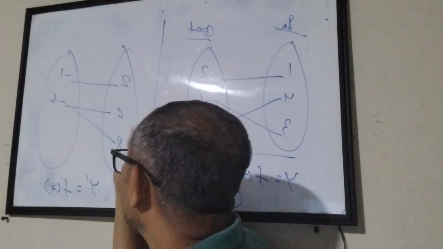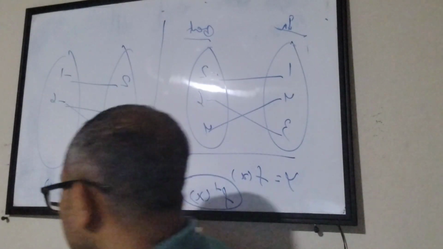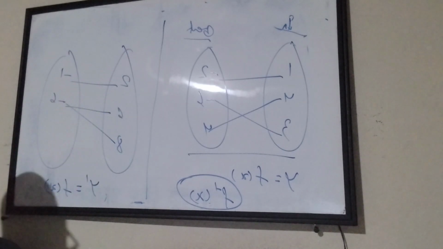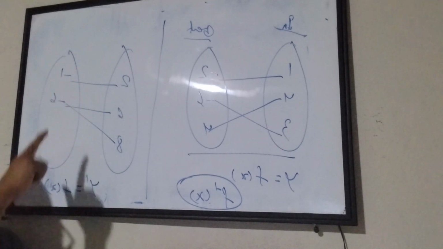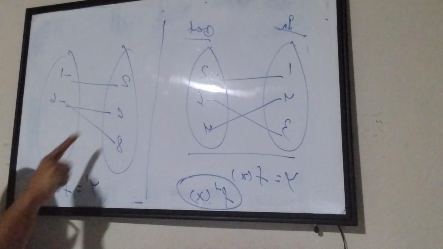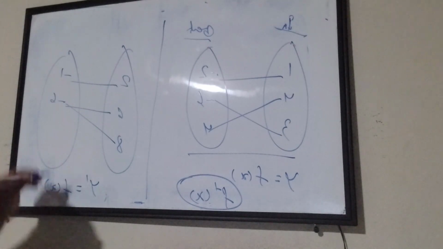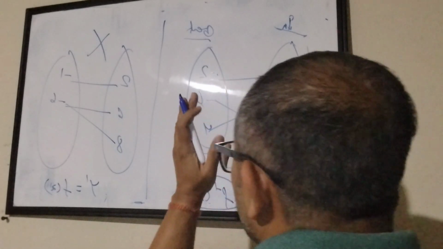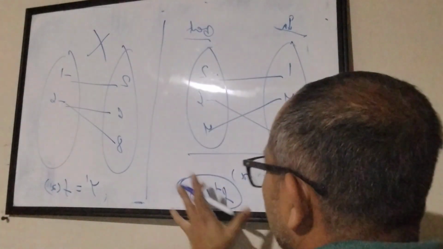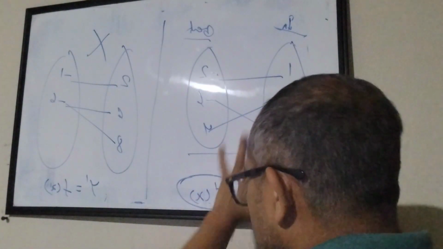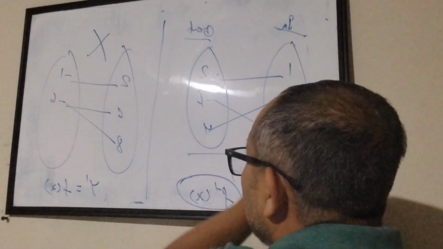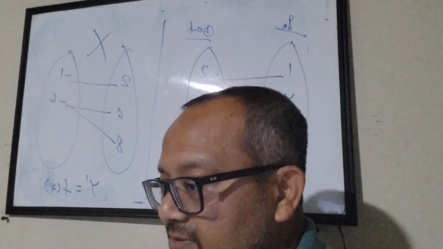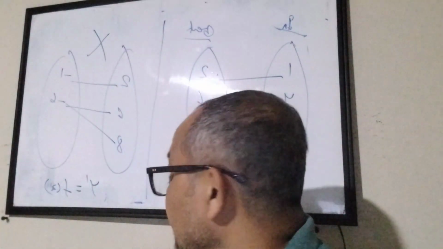You come to this side, every input doesn't have one output only. There are a few inputs which result in multiple outputs. This is not inversible. Here you can have an inversible function, because input to output, output to input, that flipping you can do. Here you cannot. Yeah, I got it.